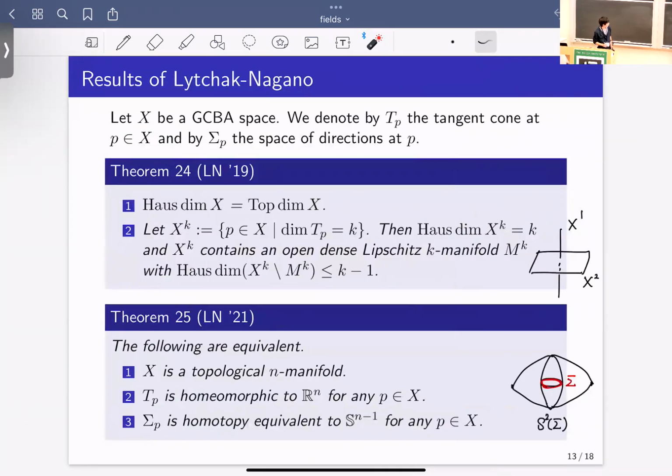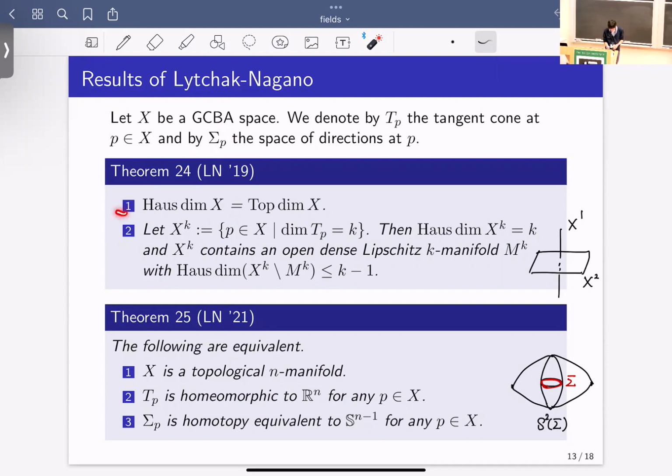Before discussing extremal subsets, let's briefly recall the results of Lytchak and Nagano. So let X be a GCBA space. We denote by TP the tangent cone at P, and by sigma P the space of directions at P. They are well defined and they are GCBA spaces.